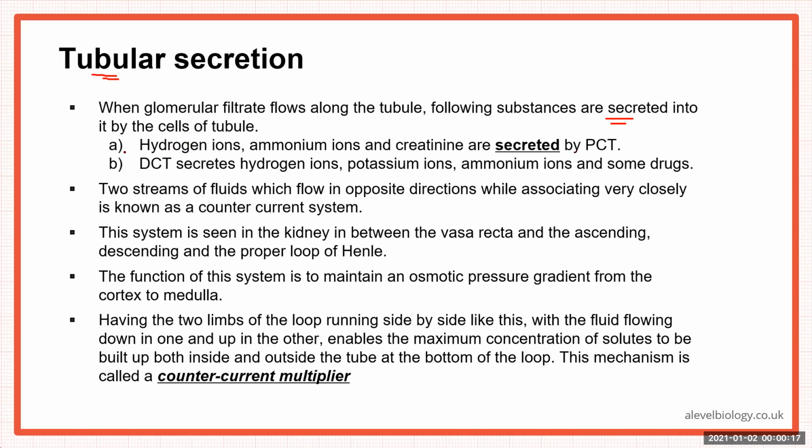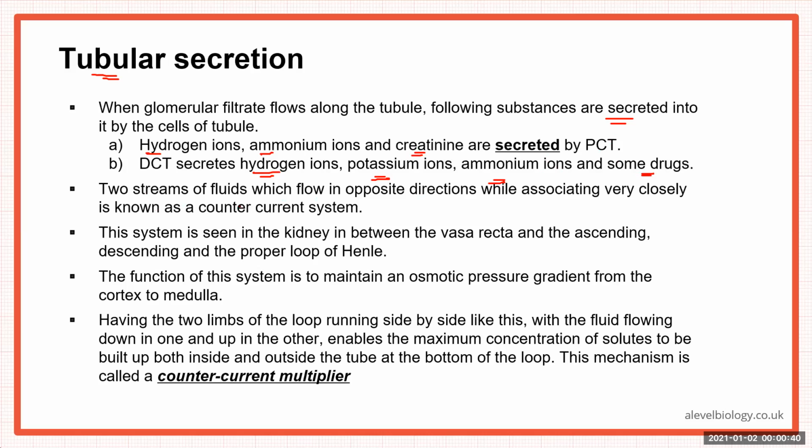Hydrogen ions, ammonium ions, and creatinine, right? These are secreted by the proximal convoluted tubule. The distal convoluted tubule secretes hydrogen ions, potassium ions, ammonium ions, and some drugs as well, right? So these are what is secreted by the PCT as well as the DCT.